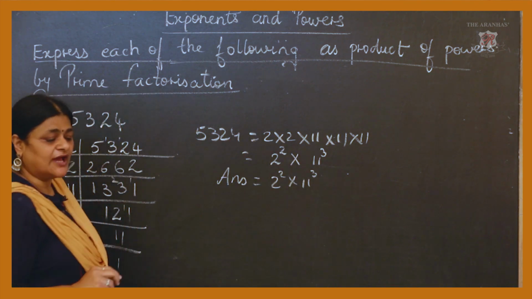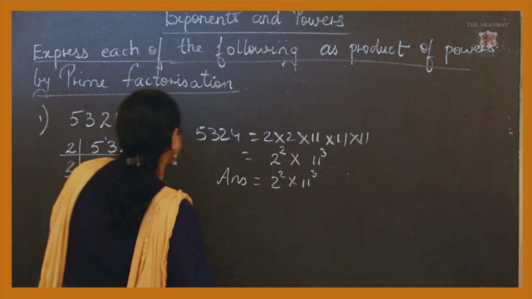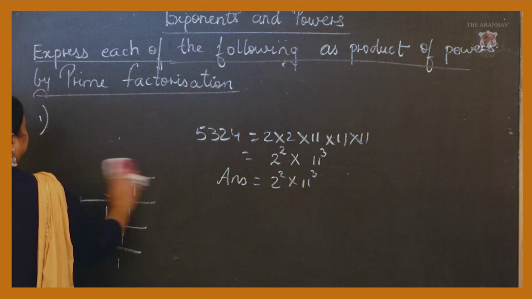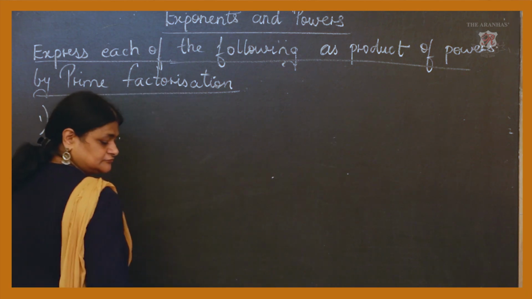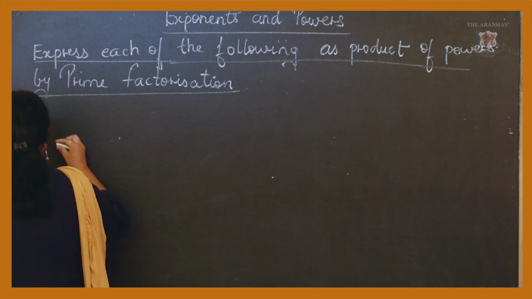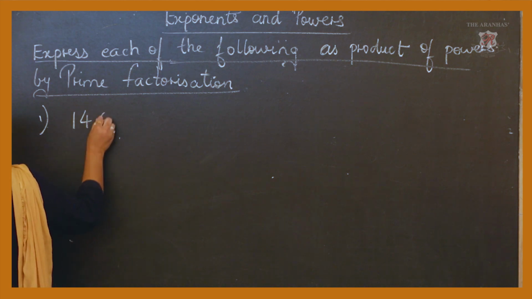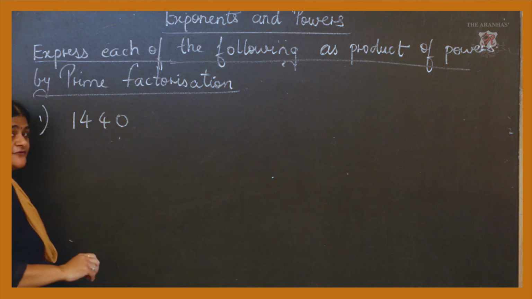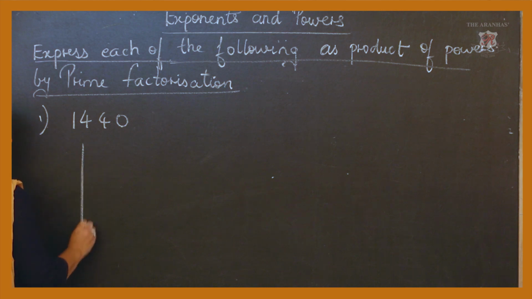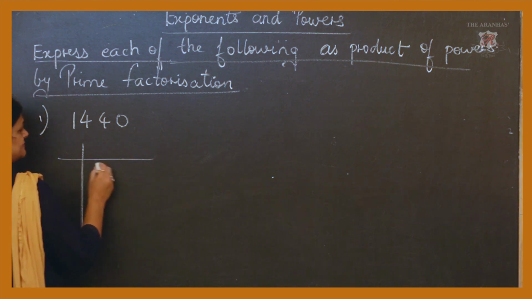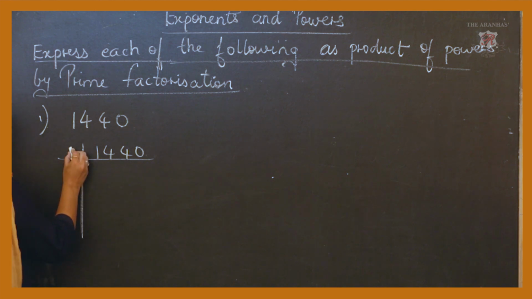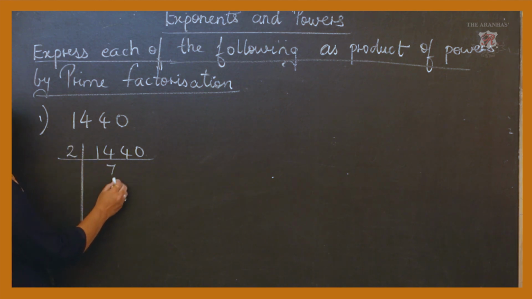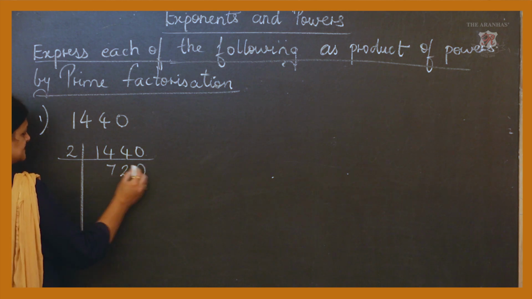For this particular sum. The second sum which we can take over here, 1440. So now again we are doing the prime factorization. Here 2 7s are 14, 2 2s are 4, 0.